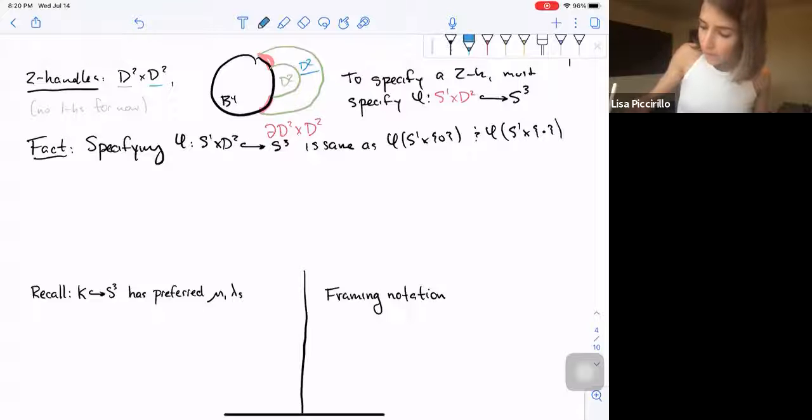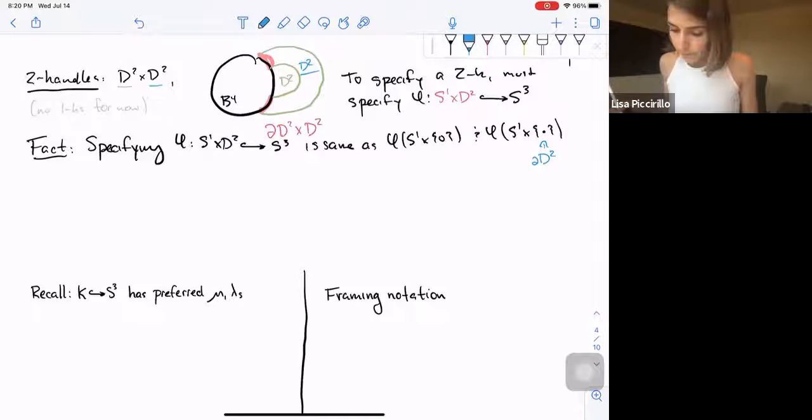And we'll find it convenient in this talk to take this other point to be in the boundary of the second D2 factor of the solid torus. Well, the only D2 factor of the solid torus.